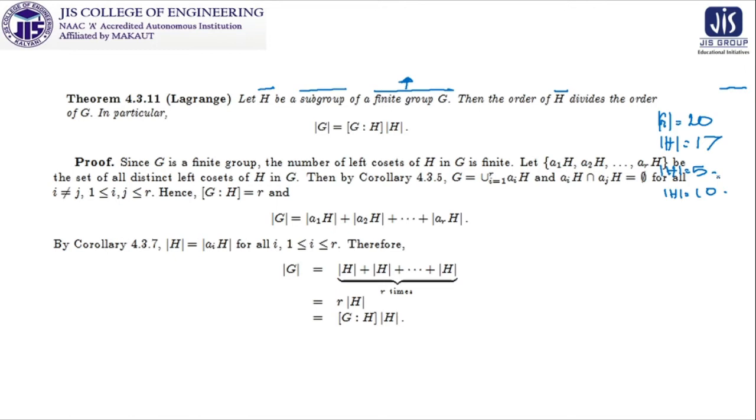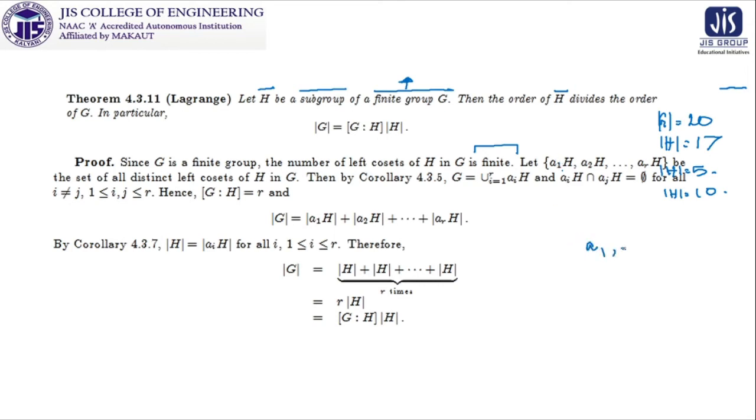The proof is also very interesting. The proof tells us that as G is a finite group, the number of left cosets of H in G is finite, and we take these left cosets to be A1 to AR.